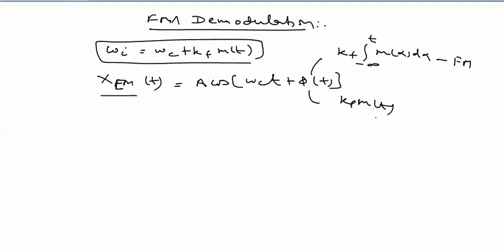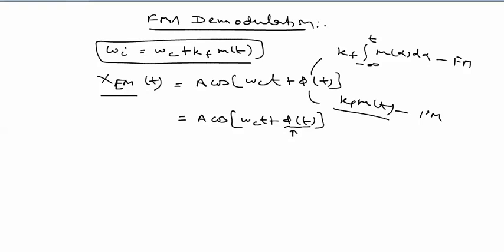If this much correction amount is added to the unmodulated waveform, the result is angle modulation, frequency modulation or phase modulation. It means all the information resides in the angle portion of this waveform. All the information in the FM signal resides in the instantaneous frequency.